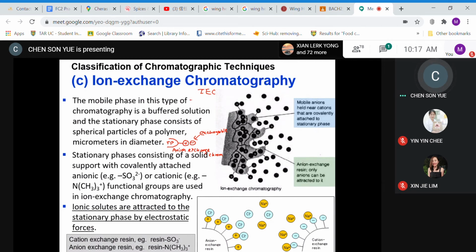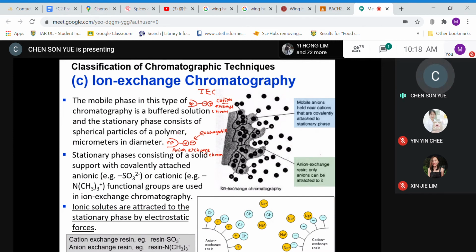If the ion coated here is negative, and the exchangeable is a positive ion, then this becomes cation exchange chromatography, because the positive ion is exchangeable.